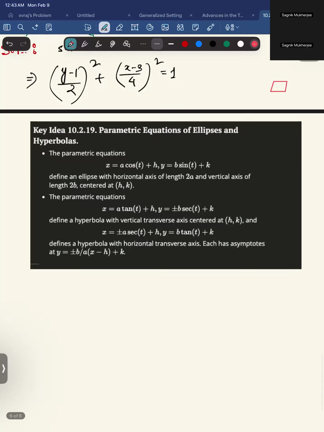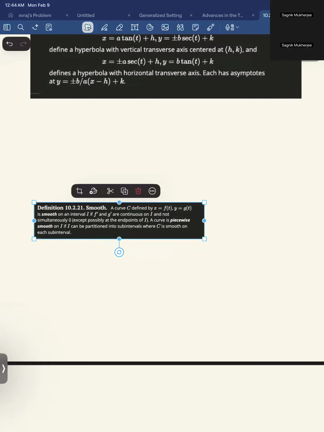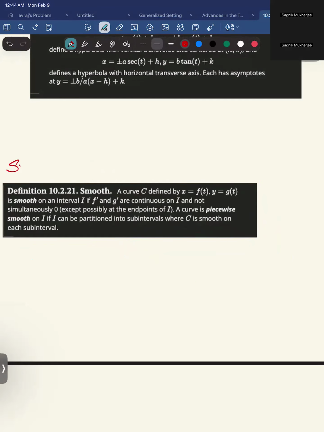Here I should also specify what smooth parametric curves are. So let me just copy the definition here. This is the definition of a smooth parametric curve.